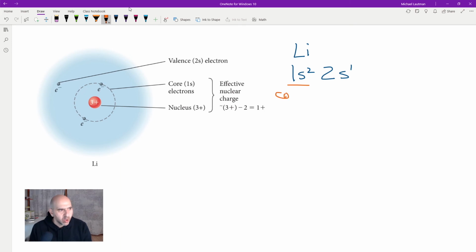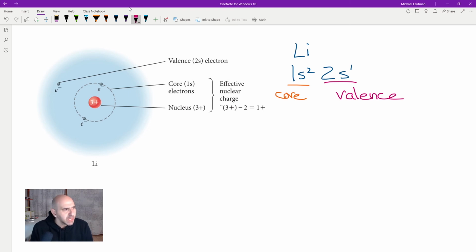These are core electrons, and the 2s1 is a valence electron. Now, what I want you to imagine is that the core electrons, because they're closer to the nucleus, actually absorb, if you will, a full +1 from the nucleus.